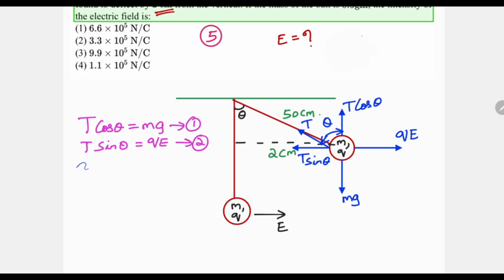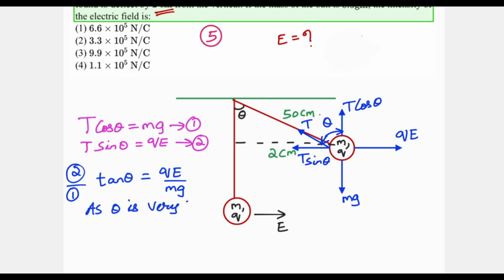Now take 2 by 1, so that we get tan theta equals QE by mg. Our target is to find E. Now tan theta, as theta is very small, is approximately equal to sin theta.